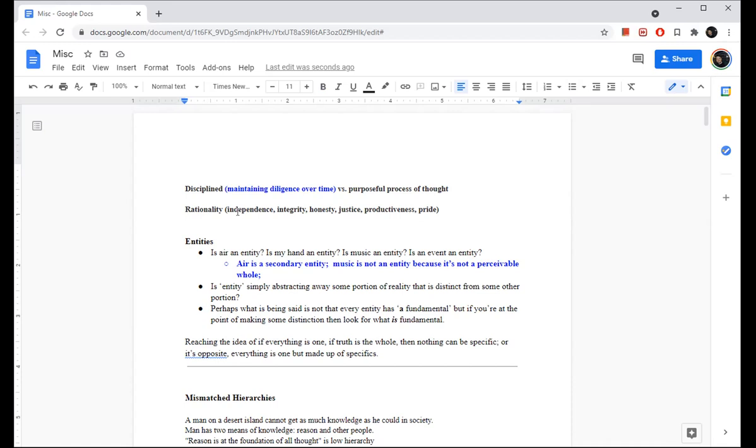Going back to just a quick recap of virtues, all these different aspects of rationality, independence, integrity, honesty, justice, and so on, they're all aspects of rationality, right? Yes, I would say so. You could maybe make a further distinction depending on how many instances you think of.